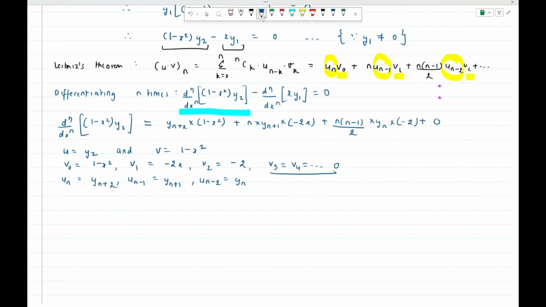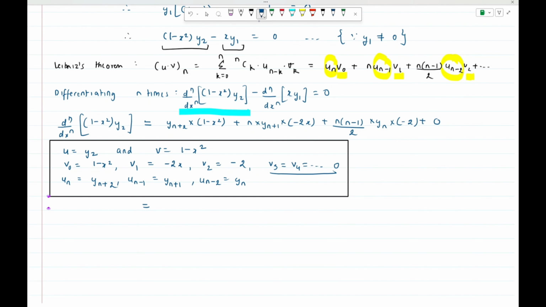And after this, we will have all terms to be 0. So we can just simplify this. 1 minus x square yn plus 2 minus 2nx yn plus 1. Then over here we will have minus 2n into n minus 1 yn. So that's the nth order derivative of the first term.